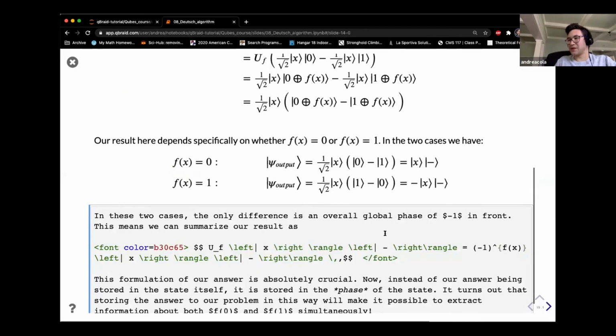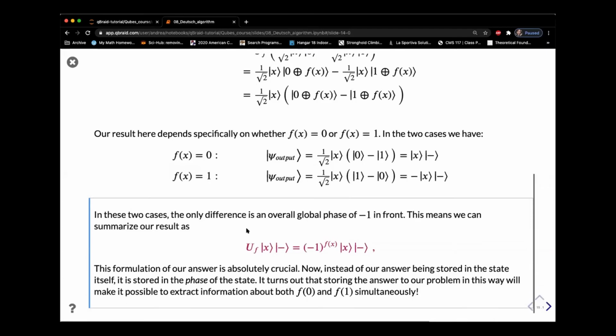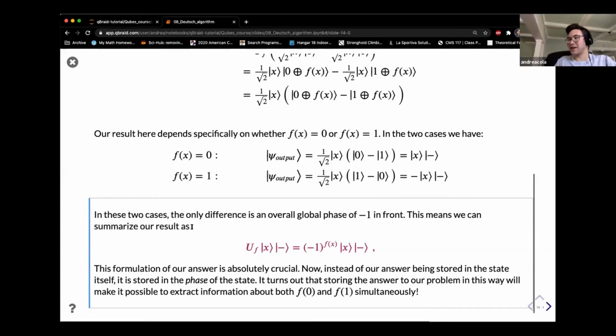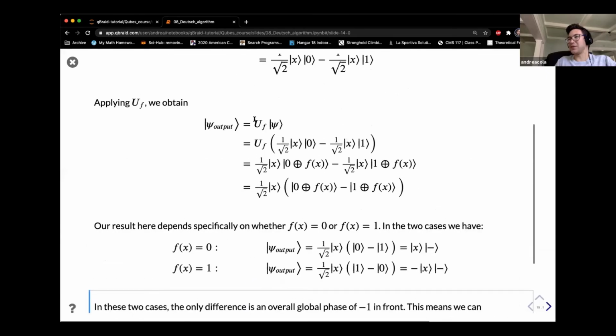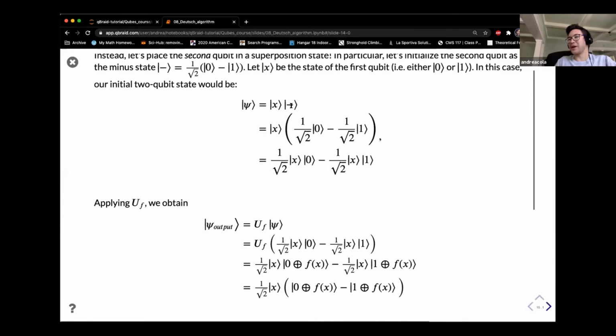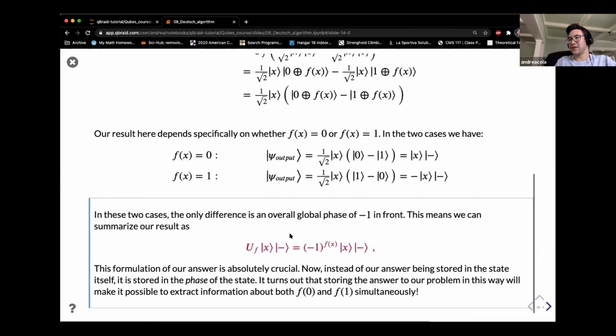In other words, we can summarize what we got here as saying the following. We started with x minus, right? And then we applied u sub f. What we discovered is that u sub f applied to x minus always returns x minus, except there's a minus sign in front, like a minus 1. And this minus 1 depends specifically on f of x.